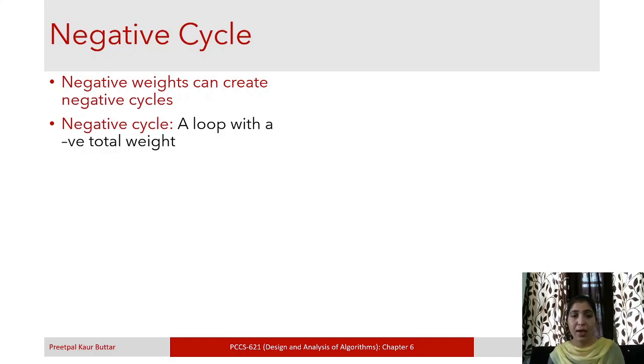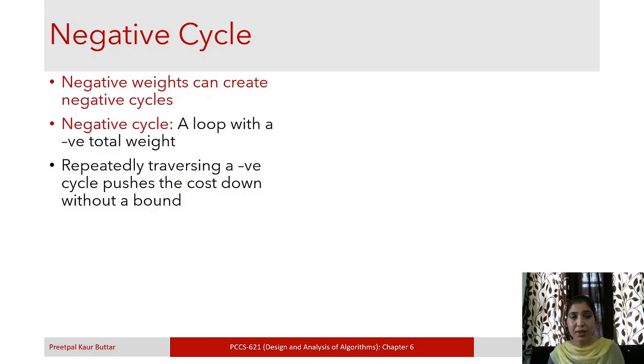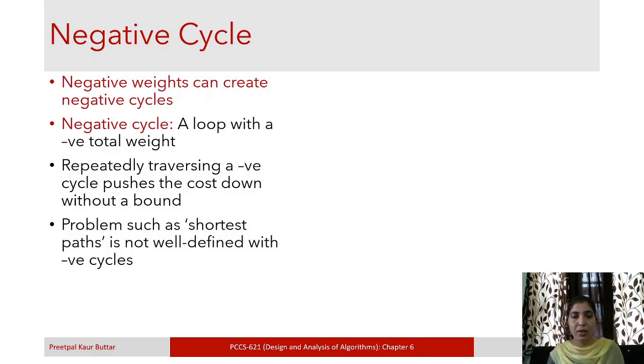If you repeatedly traverse a negative cycle, then the total cost will keep on decreasing without any bound. In this scenario, if you want to solve the shortest path problem, you may not find a correct solution using an approach such as Dijkstra's algorithm.